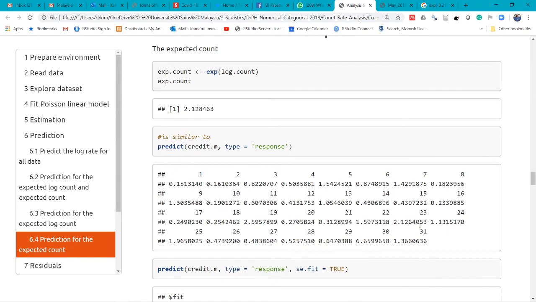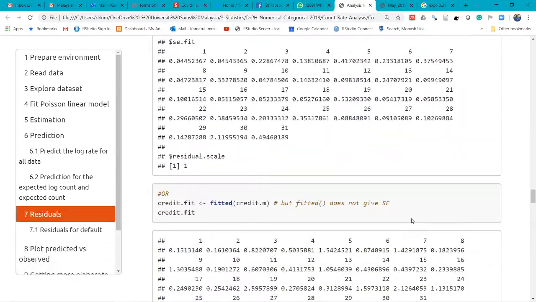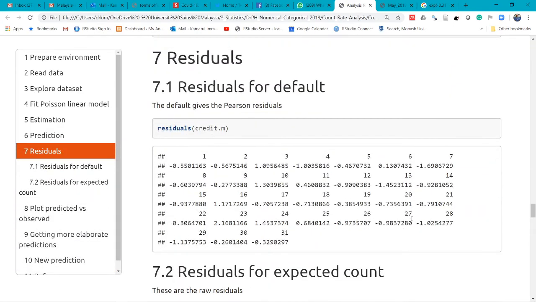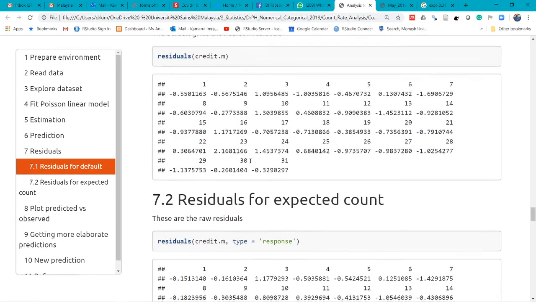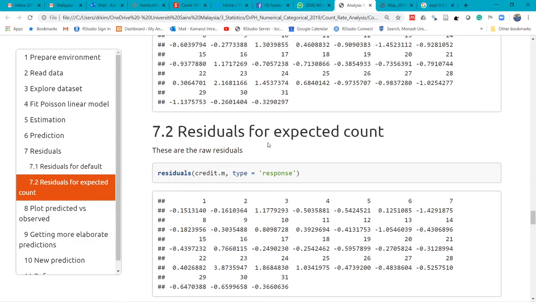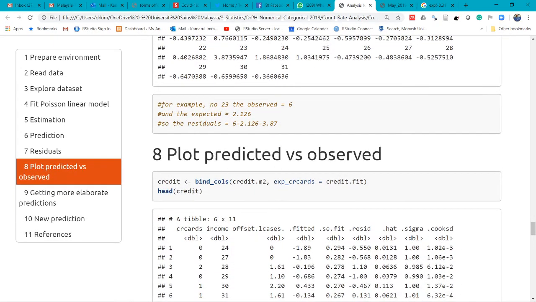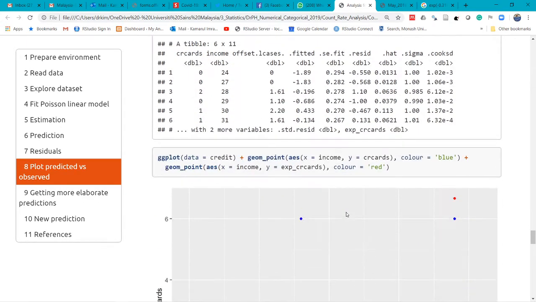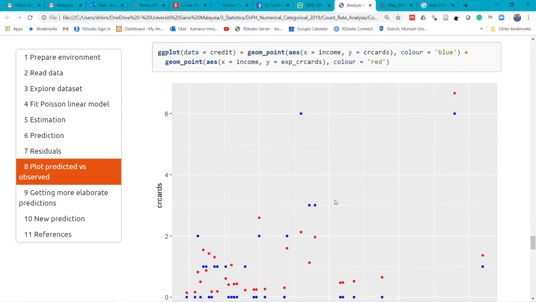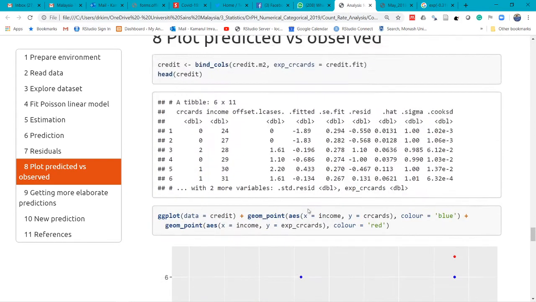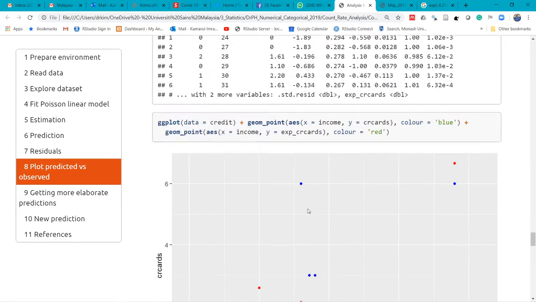You'll have 2.12 for observation 23, where the income was 65. This is the residual for the expected count, and you can plot the predicted versus observed to see how far the values are from each other.